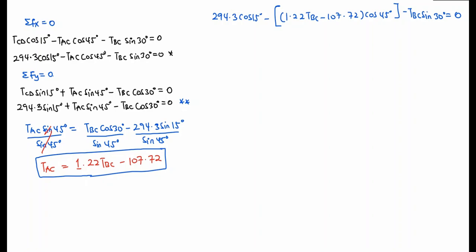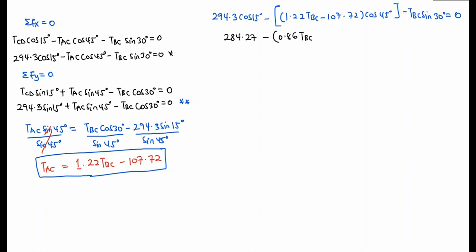Okay, so now let's simplify what we have now. So we have 294.3 multiplying cosine of 15 degrees, that will give us a value of 284.27, minus, let's do what you have in the bracket. We're going to have 1.22 TBC multiplying cosine of 45, and then that will give us a value of 0.86 TBC, right?